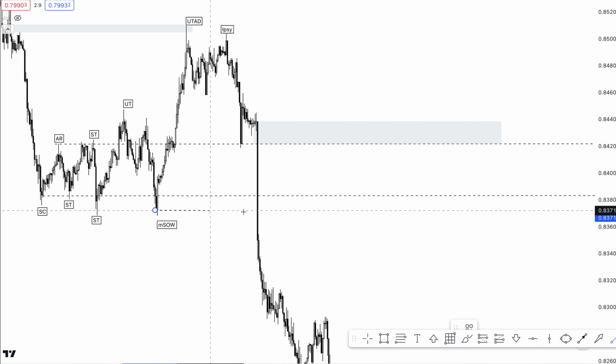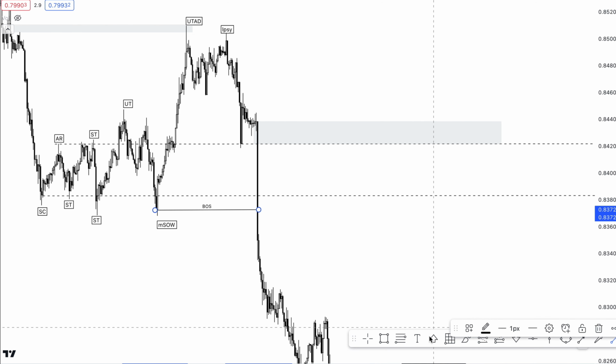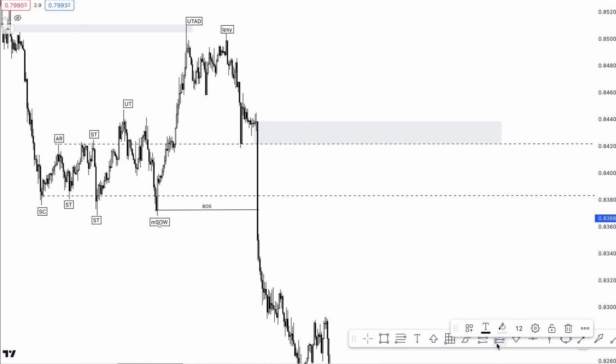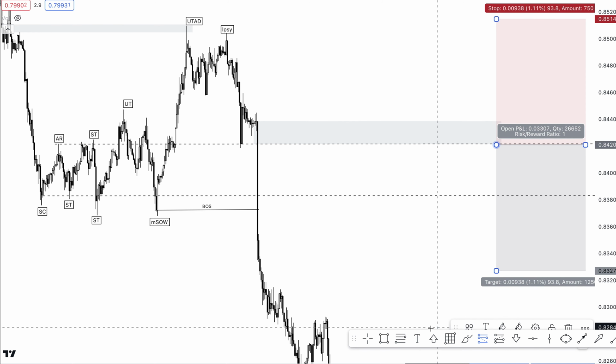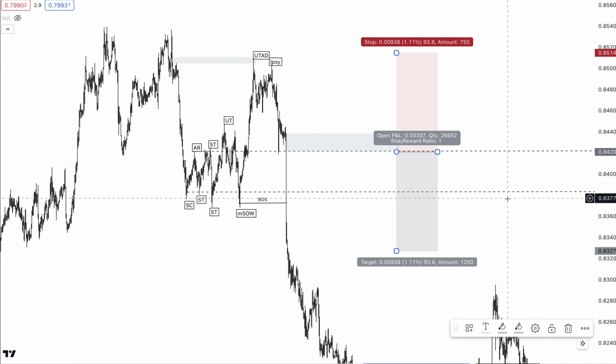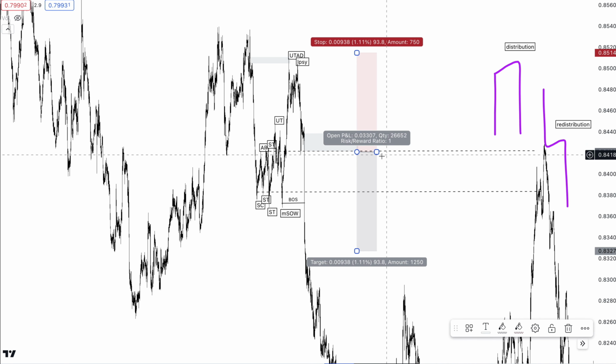So right here, we had a break of structure, guys. And then what we would do is we would wait for it to come to our trading range, which it did back here, all the way over there.